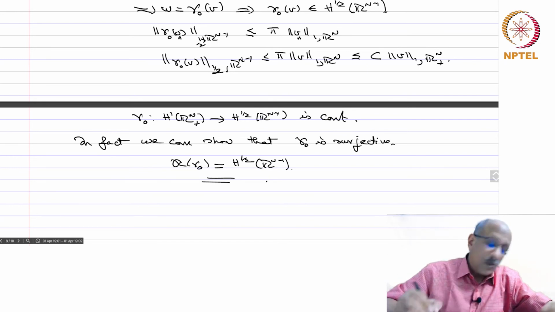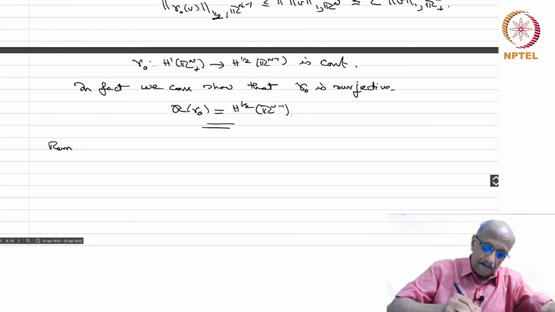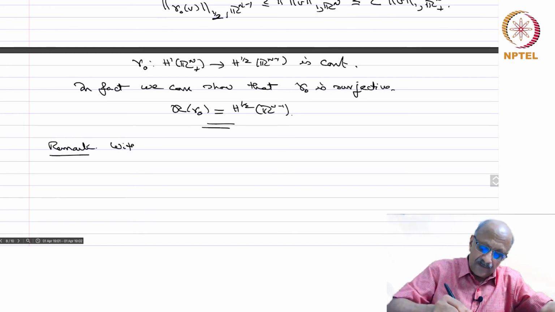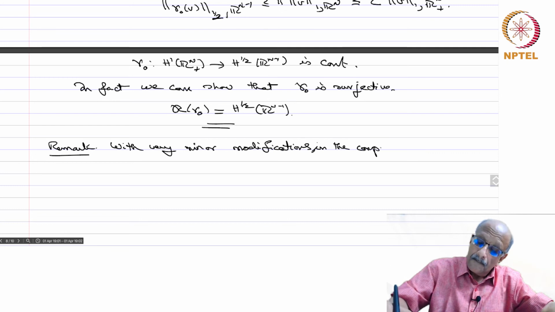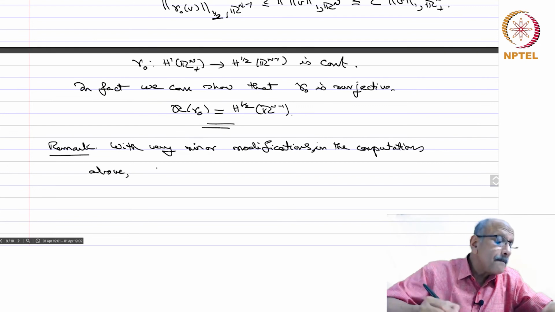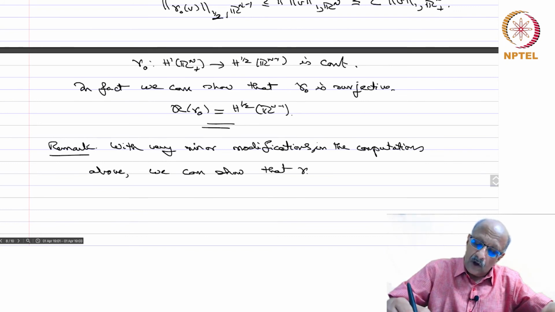Okay, so now remarks. So with very minor modifications in the computations above, we can show that gamma naught maps Hm of Rn plus to Hm minus half Rn minus 1.